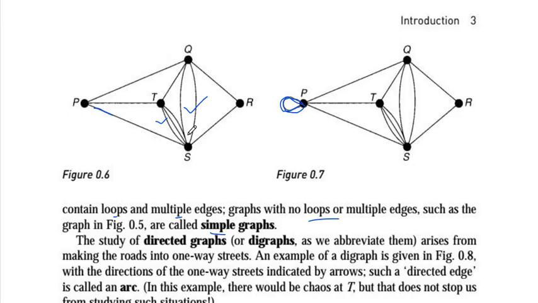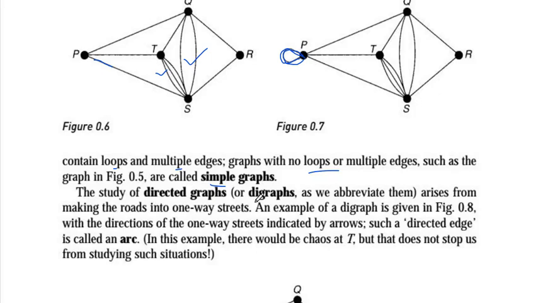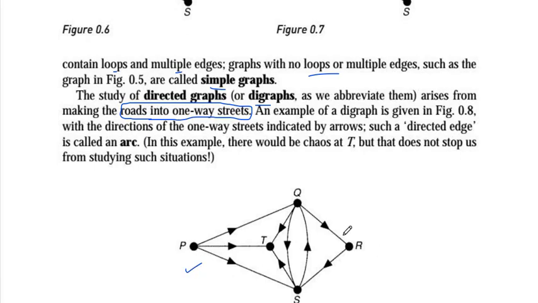Now our next definition is directed graph. The study of directed graphs, or digraphs as we abbreviate them, arises from making roads into one-way streets. Like in this figure, we can only go from P to Q, not from Q to P. It is only a one-way road.